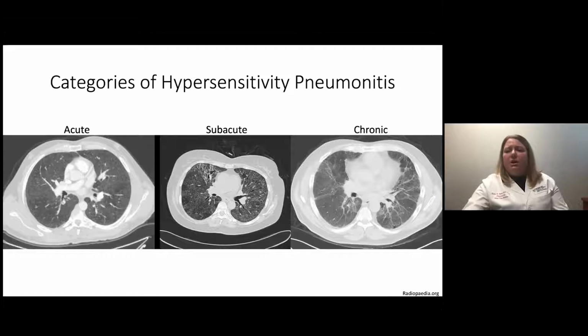But we can also see throughout the CAT scan areas of fibrosis, areas of traction bronchiectasis, where you see these airways that are pulled apart, and you can see them open all the way to the pleural area, which is not normal. Airways should be collapsed down at that point. So this shows that this person has likely had an ongoing exposure and has much more advanced remodeling of their lungs.